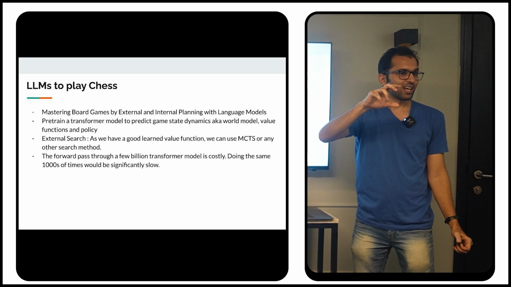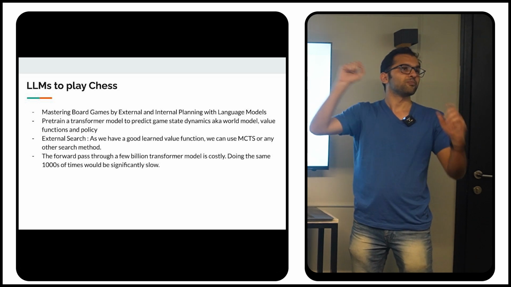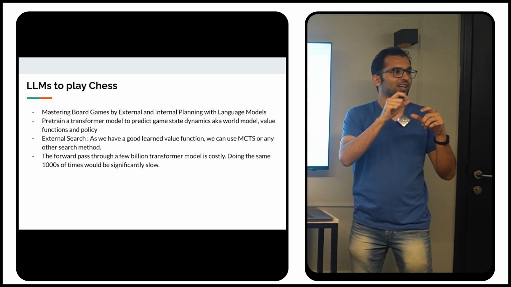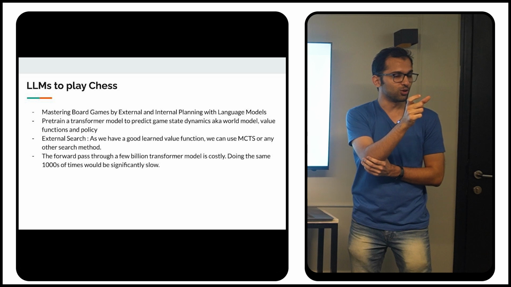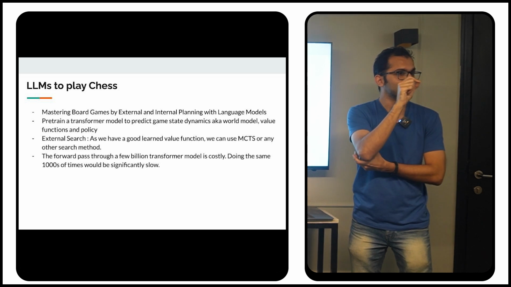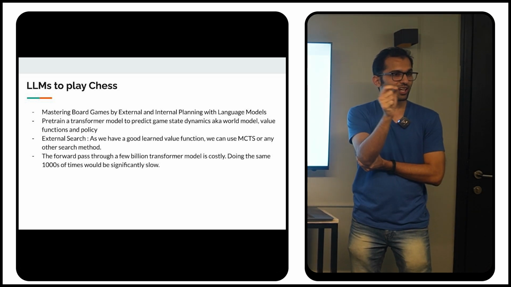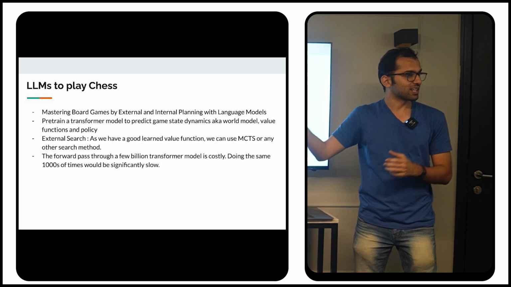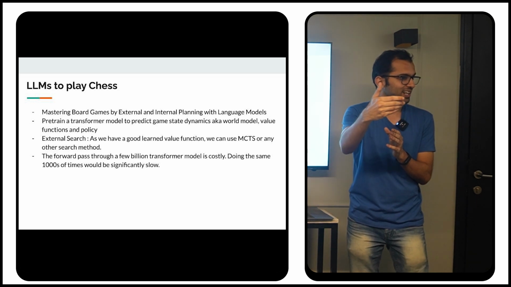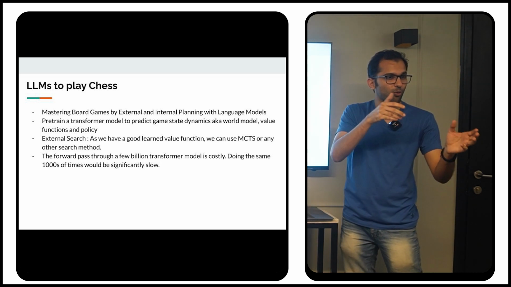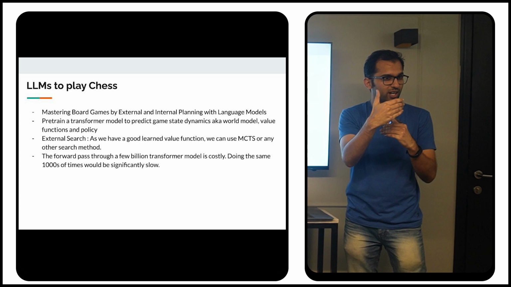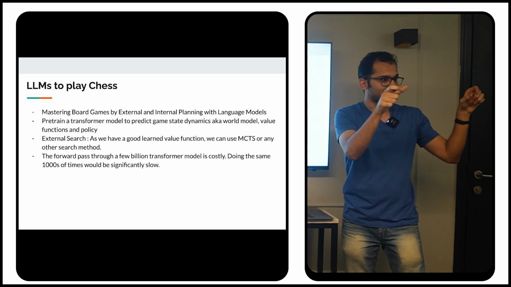They learned the value function by tokenizing the values, because having continuous values is very hard for a softmax based transformer to predict, like how different 54.5 and 54.4 are. It is very hard because it's a categorical distribution.